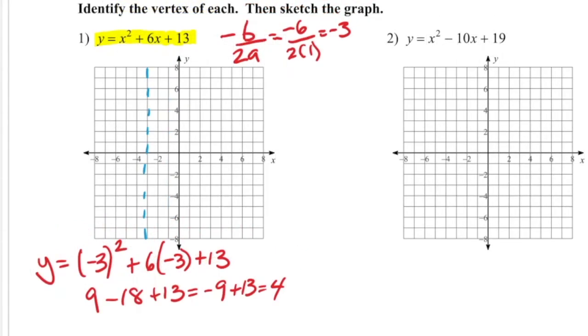If we put these two numbers together, the first number we found was negative 3. The second number we found was 4. That is where the vertex is located. I'm going to put a dot for negative 3, 4.